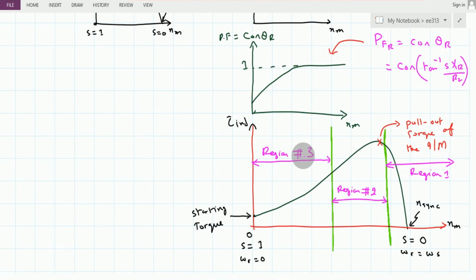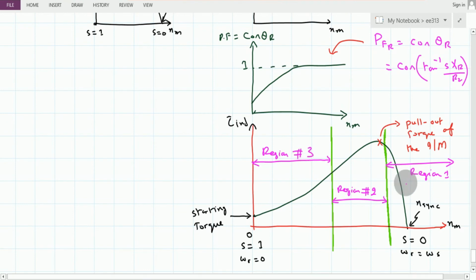So you can see that this first region, region number 1, has a low slip value, and in this particular region the motor slip increases linearly with the applied load, and the rotor mechanical speed decreases linearly with the load.